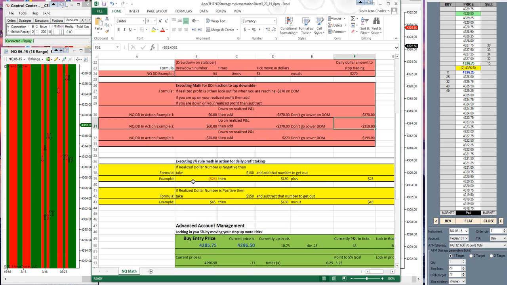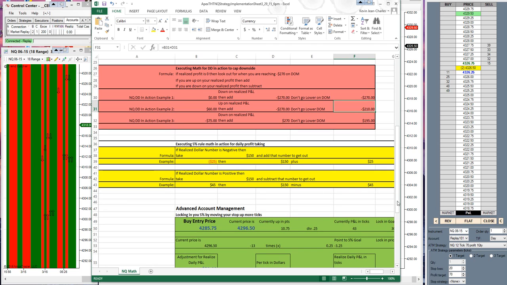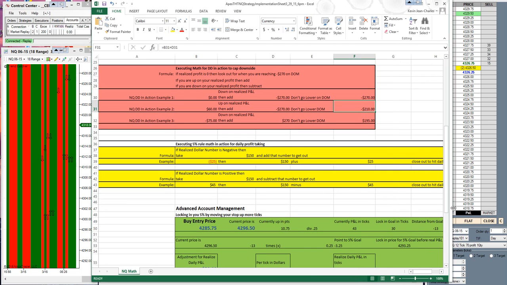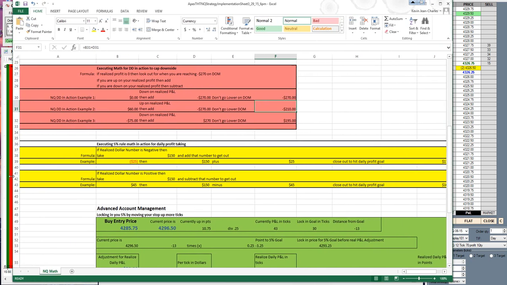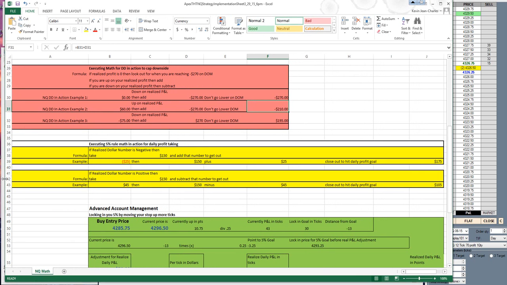Now I'm going to go down on my sheet. I'll stretch this out a little bit, to the 5% executing math in action for the daily profit taking. So the formula works like this. You take 150 and add that number to get out. You take 150 and subtract the number to get out.